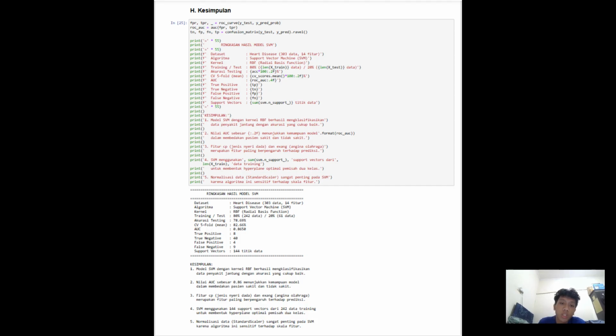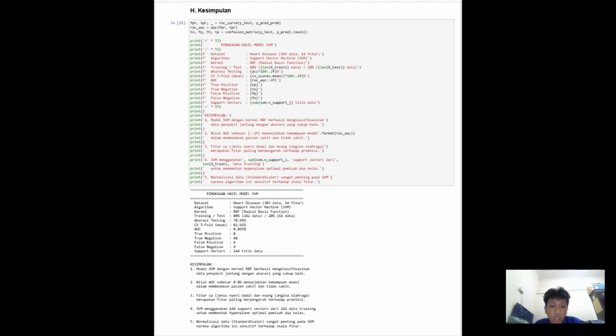The true positive is 8, the true negative is 40, the false positive is 4, the false negative is 9, and the support vectors are 1044 data points.